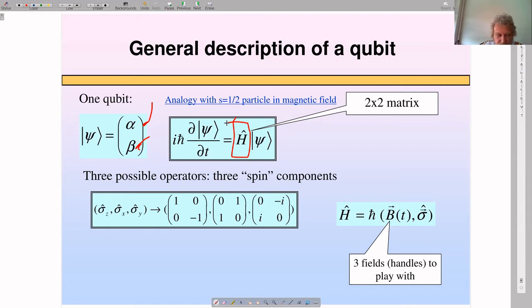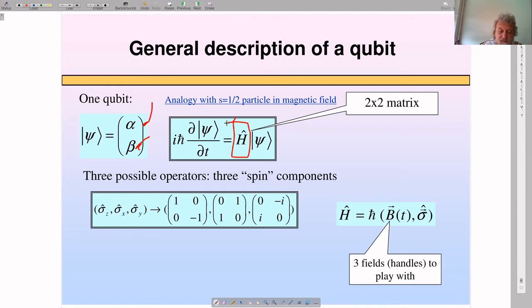Any 2x2 matrix can be represented as a constant, and the constant matrix, the unity matrix, is not really interesting here. It will only change the overall phase of the wave function.